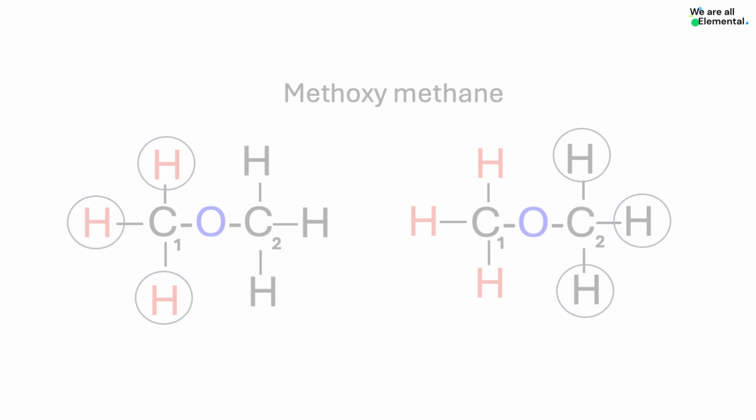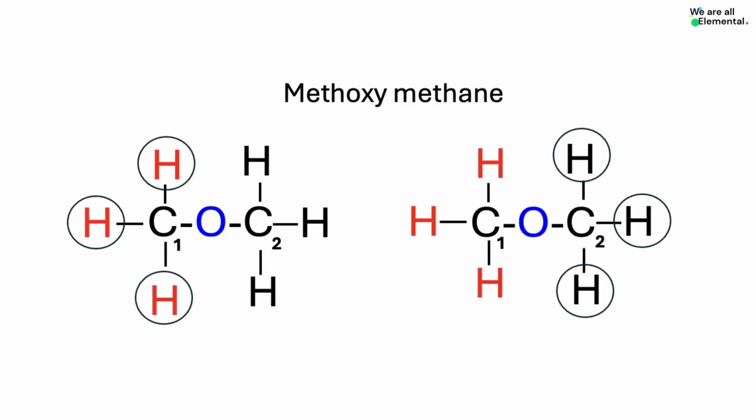environments. For example, in this molecule of methoxymethane, the protons on carbon 1 have no neighboring protons or hydrogens because the carbon is attached to an oxygen. It is exactly the same for the protons on carbon 2, where the carbon is attached to an oxygen and they have no neighboring protons.